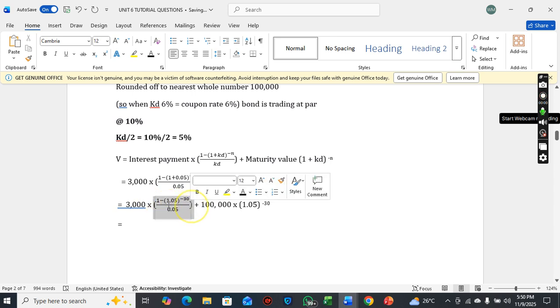When I say annuity factor, I just mean it's this tabulation here.